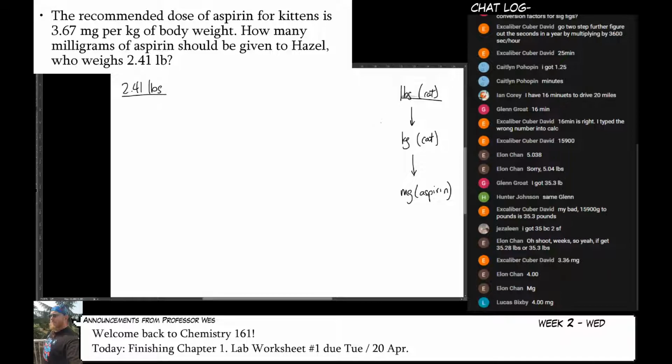And then I know that in 1 kilogram there are 2.205 pounds. And then I also know that per 1 kilogram of cat, I can safely give 3.67 milligrams of aspirin.